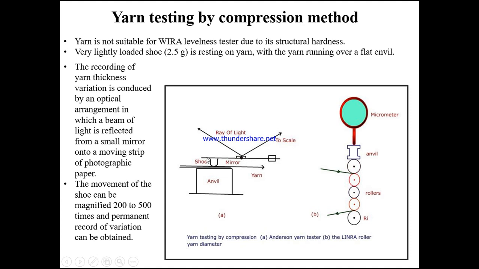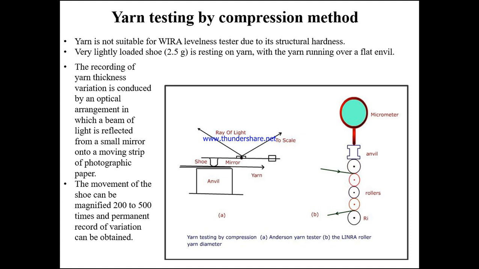Whenever there is no irregularity on the yarn surface, there will be no deflection of the shoe, and no deflection of the light ray reflected by the mirror. But as soon as there is a little change in the diameter of the yarn, there will be a little movement of the shoe, and the light ray reflected from the mirror will also be deviating.